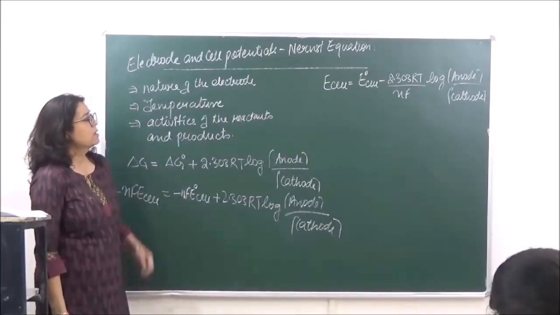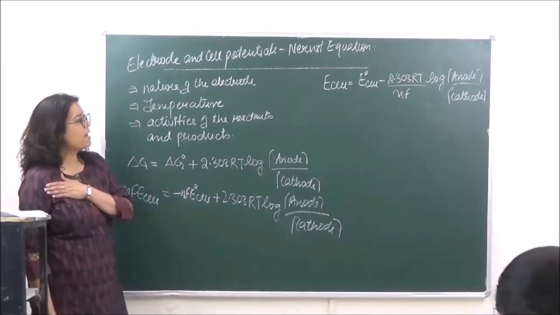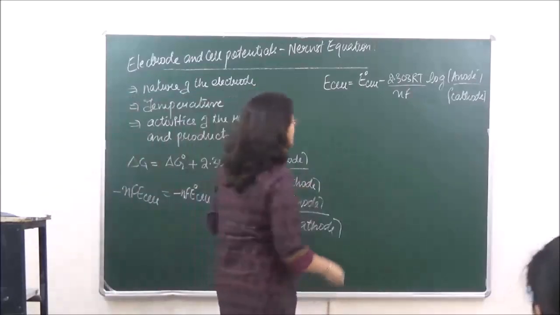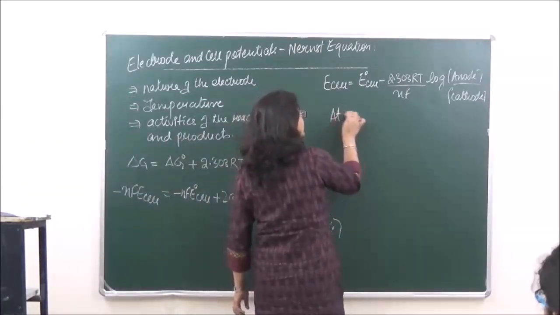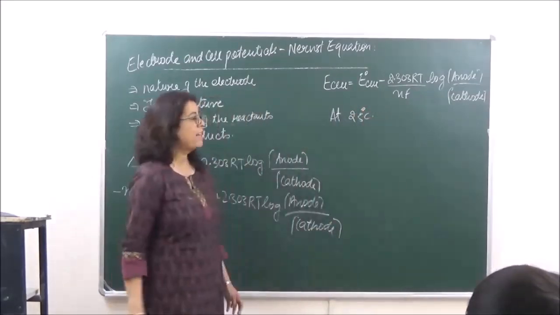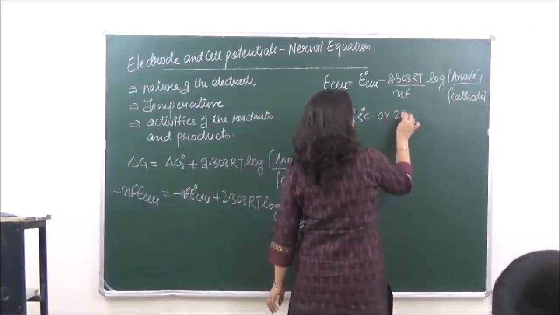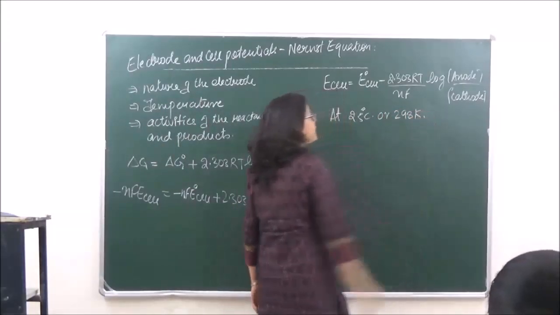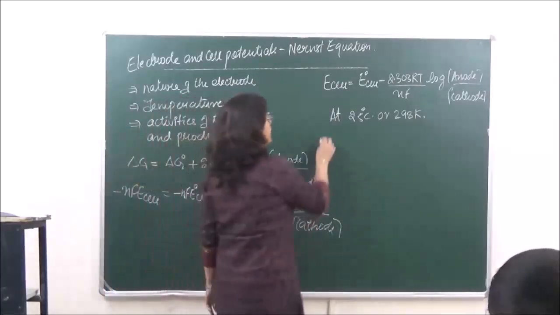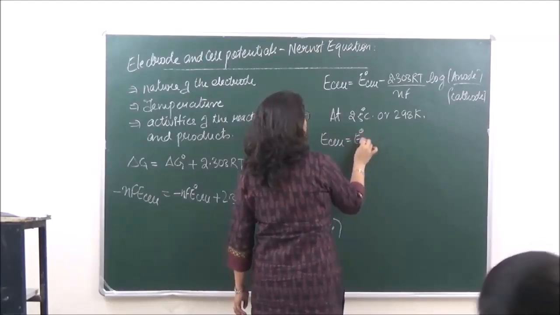Now taking into consideration the value of R, the value of T and the value of Faraday, let's say that we are operating the cell at room temperature, which is 25 degrees Celsius, or in Kelvin, 298 Kelvin. Okay?